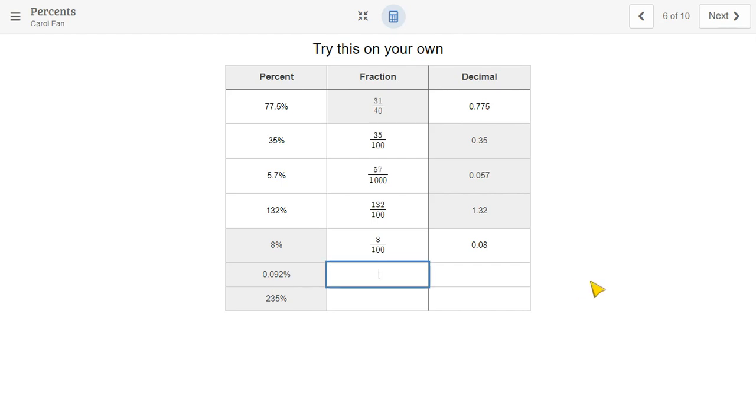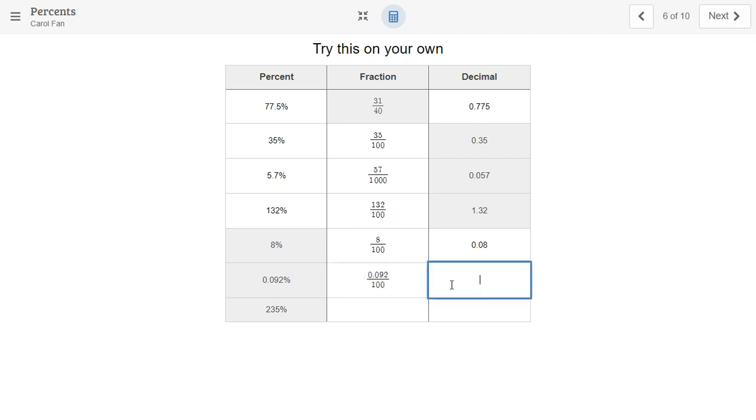Let's leave it the way it is, 0.092, and put it over 100. Now, as a decimal, we're going to take the decimal and divide. So we're moving 2 steps to the left. 1, 2. We now have a lot of zeros. 0.00092.